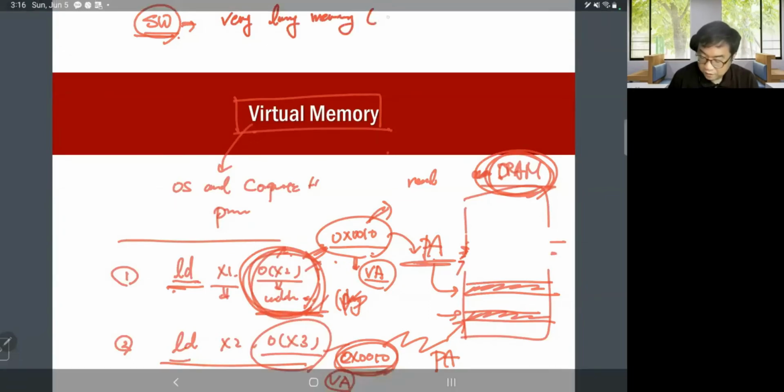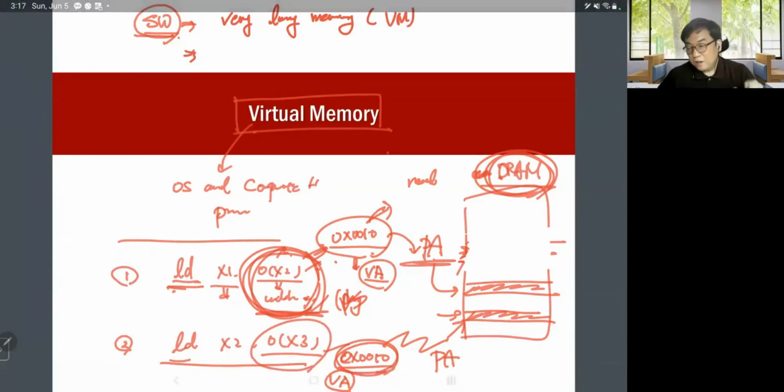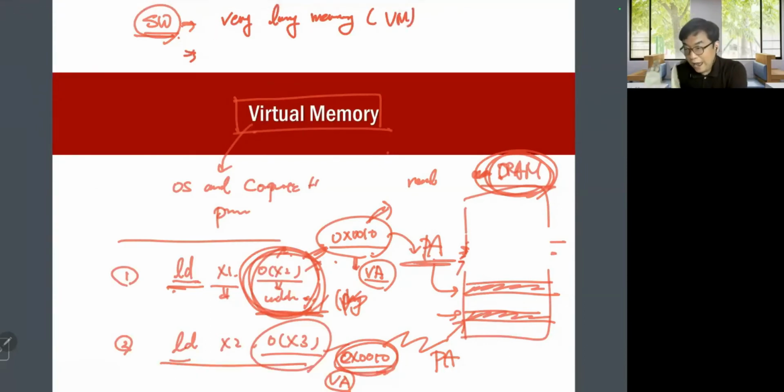But this is the virtual memory. Also, we assume that the target hardware has enough cores to run this software, which means infinite processor cores.